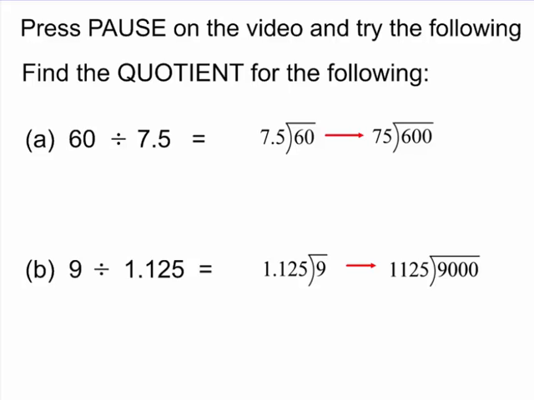For the first one, I want to move my decimal place over one spot, so I'm going to multiply both values by 10. That gives me the effect of moving over one place with my decimal. So if I move over one place, my 60 becomes a 600. The problem I need to solve is how many 75s fit into 600. That should give me the same result as how many 7.5s fit into 60.